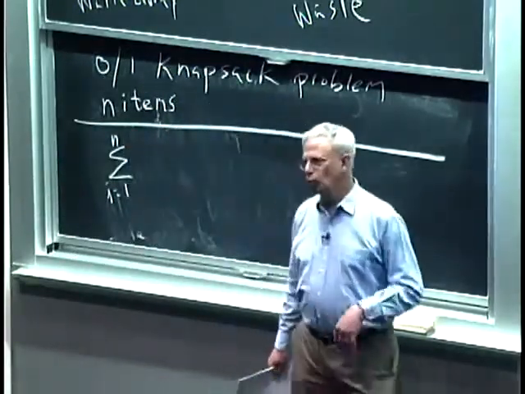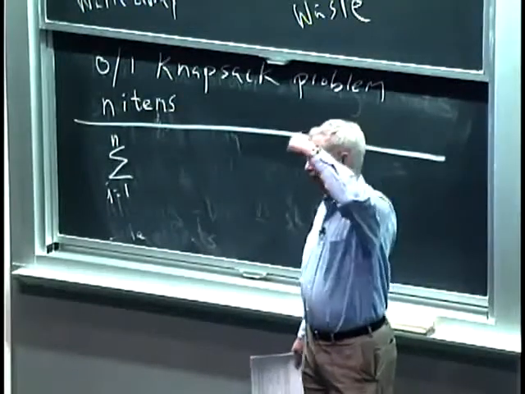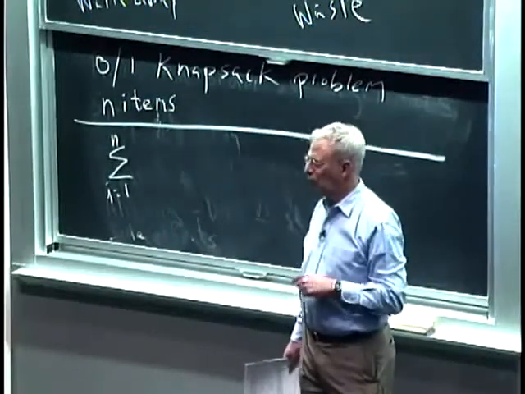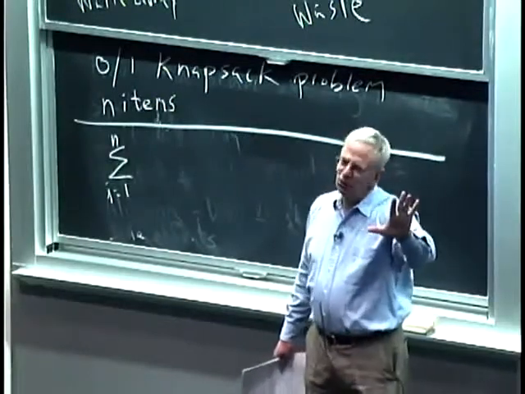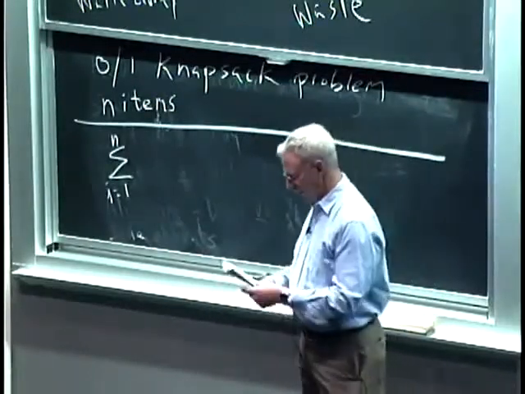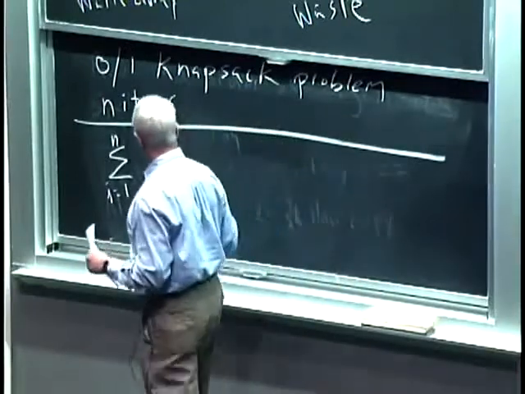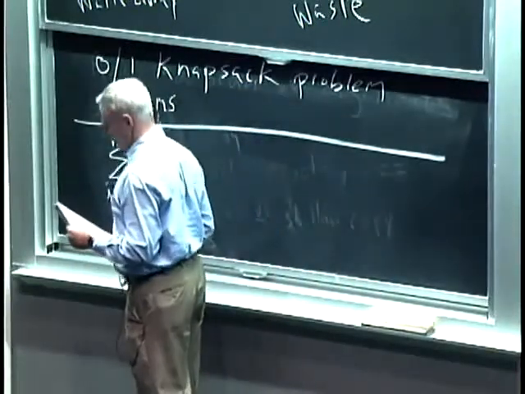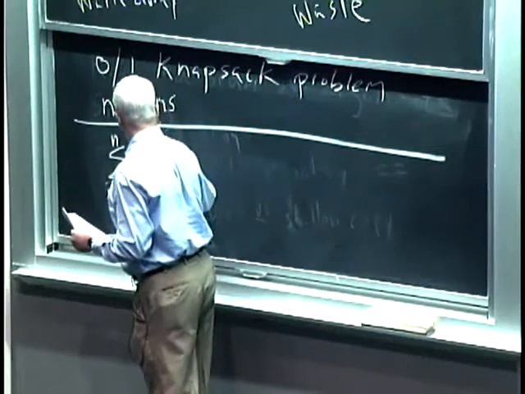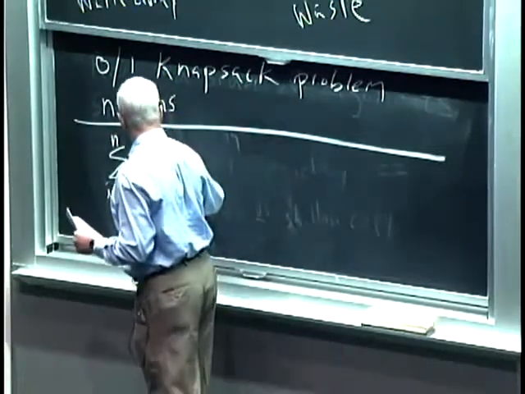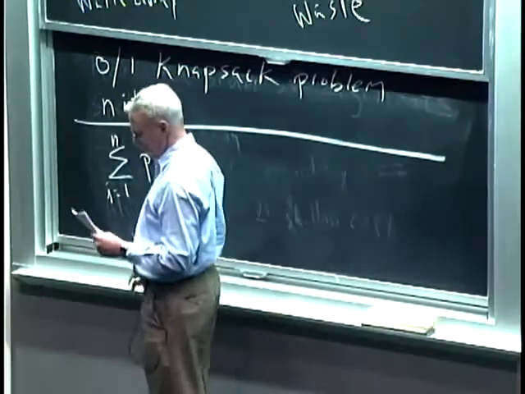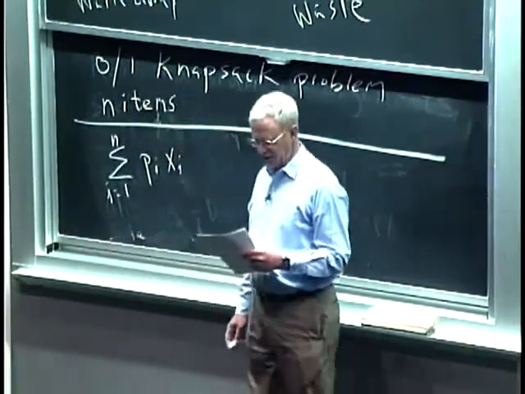So I might label watch 1, watch 2, and so on. I don't care that they're both watches. They're two separate items. And then what I want to maximize is the sum of the price of item i times whether or not I took x_i.